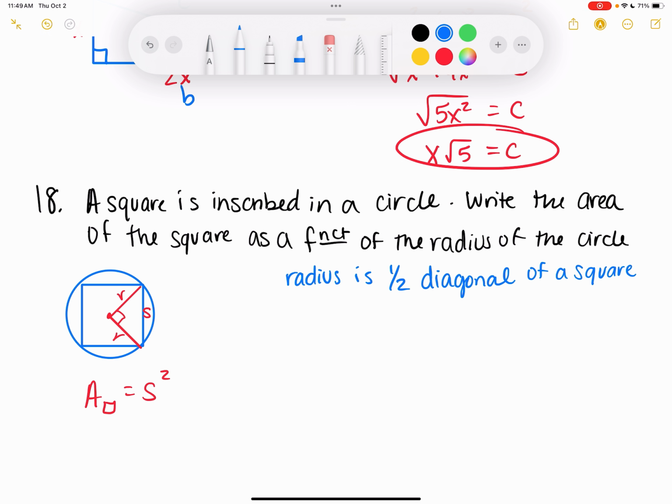Special triangle. Good. What kind of special triangle is it? 45, 45. It is most likely isosceles. We don't know for a fact that it's only isosceles, but yes. Because we don't know what S is. S could be equal to R. We don't know yet. Yeah, we don't know for sure.